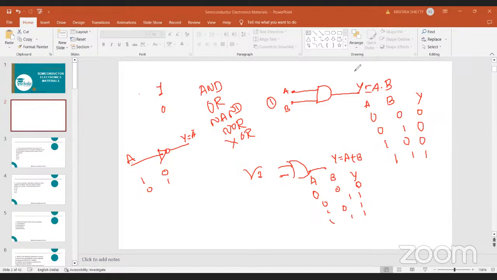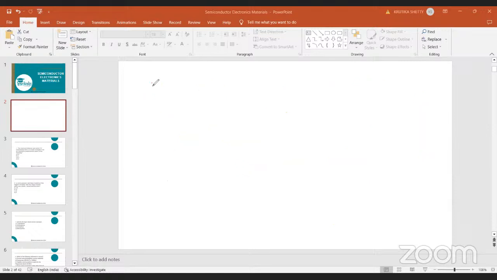Now we will see the NAND and NOR gates. The NAND gate is the negation of your AND gate. The Boolean expression is given as A dot B, the whole to the bar.